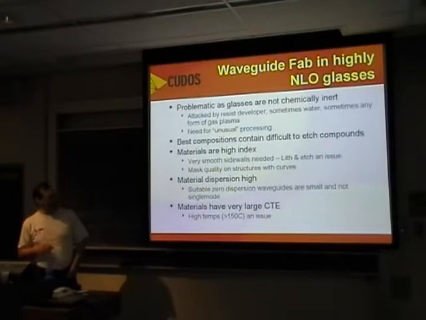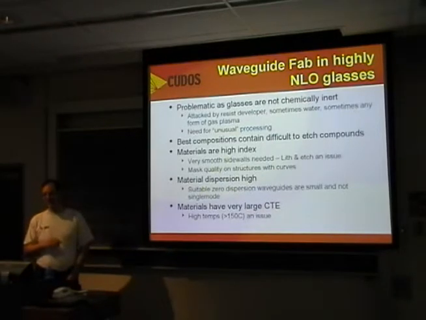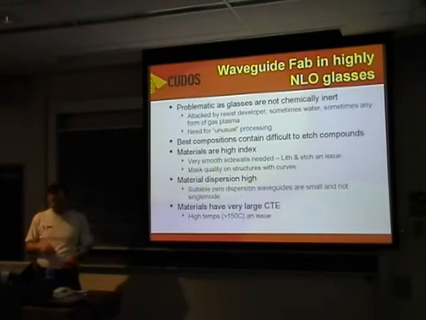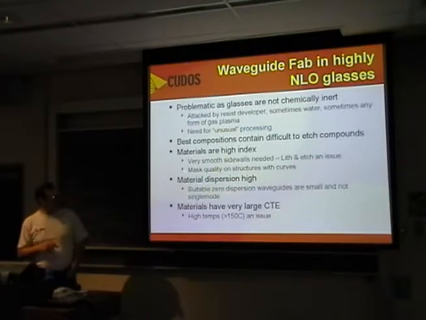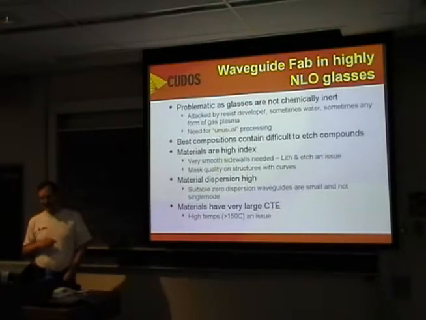Some of the best compositions of material for nonlinearity also contain materials that can be difficult to etch. One example of that would be tellurite glass. If you dope it with thallium, you can about multiply the N2 by about a factor of 3. But thallium is really, really hard to etch. Another issue, these materials by their very nature are high index.